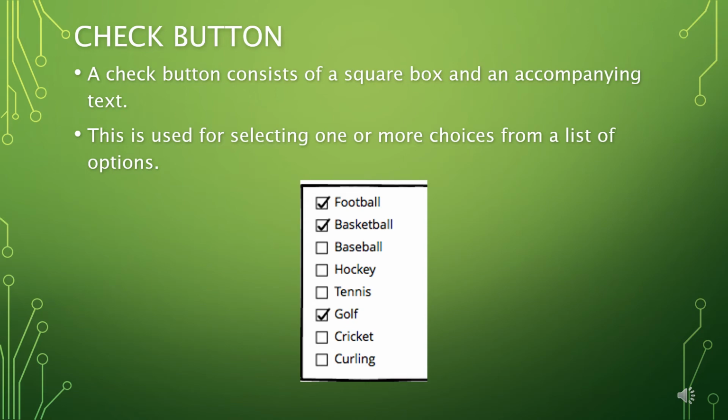So if you are interested in more than one sport, you can select multiple check options. Whereas in radio button, we have observed that only one selection is possible. So according to the requirement, we can use check button or we can go for radio button.